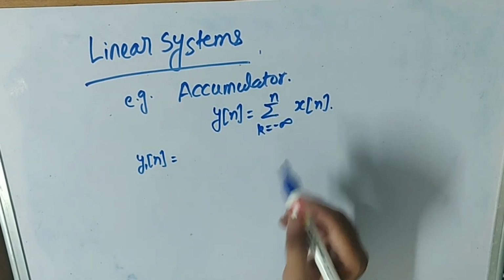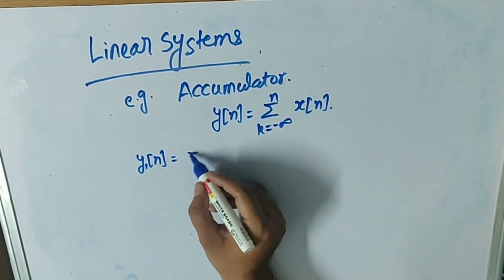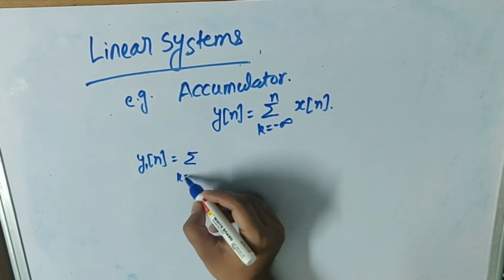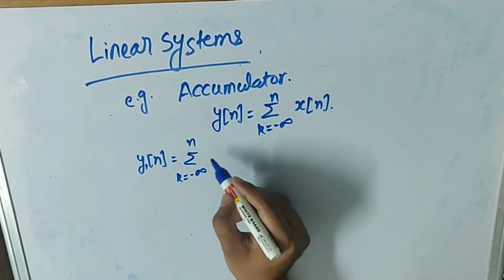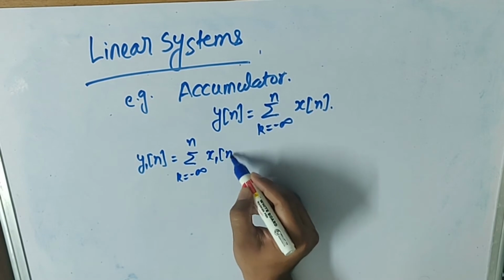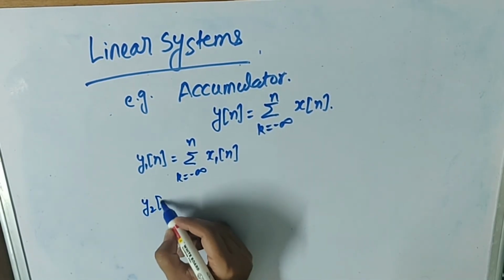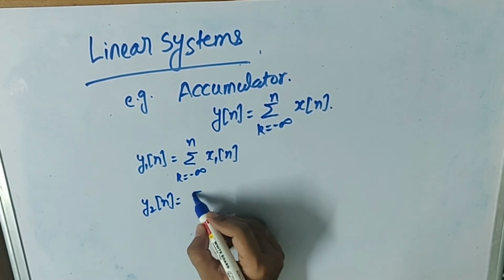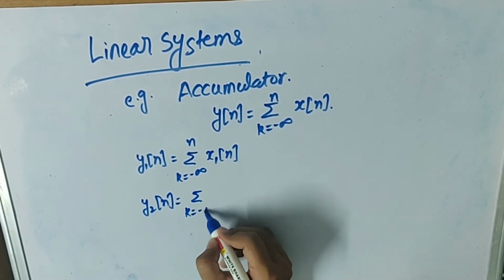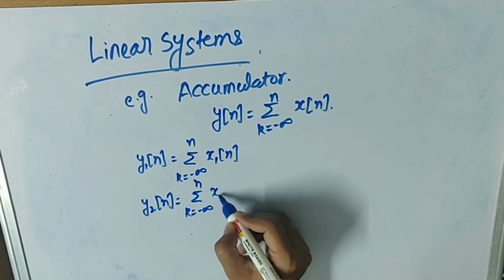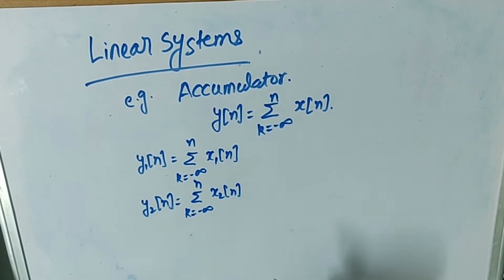When the input is x1[n], the output is y1[n], which we can write like this. When the input is x2[n], the output is y2[n]. Okay, this is one part.